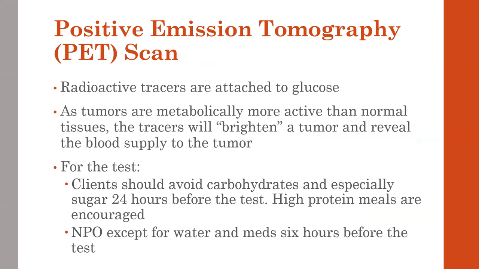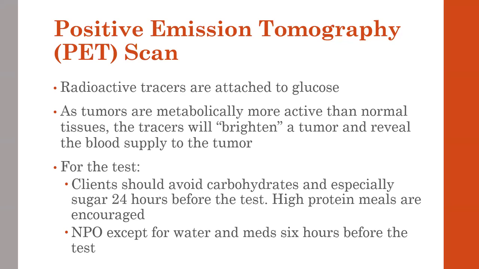So if it eats more glucose, then that's going to cause more radioactive marker to be dumped in that specific area. And so we put them under a camera to be able to recognize these nuclear isotopes, and they will actually glow brighter in these areas of high metabolism.